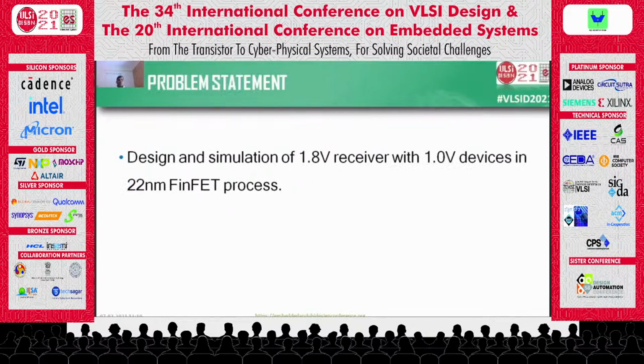The problem that we are defining here is to design a 1.8 volt receiver using 1 volt devices. All the design and simulations are done using a 22 nanometer FinFET process.